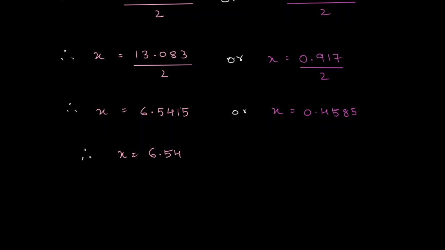Remember, if the third decimal place was 5 or greater, I would round up. In this case, for the other value, I have 0.4585, so the 8 is 5 or greater, so I'll make this 0.46.